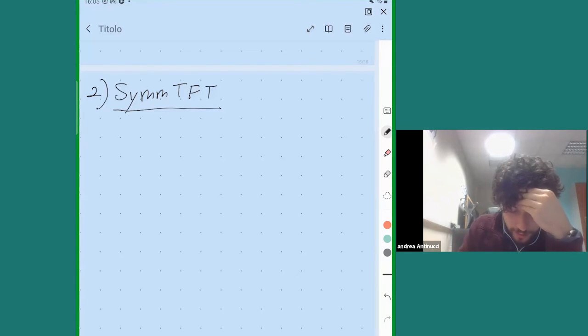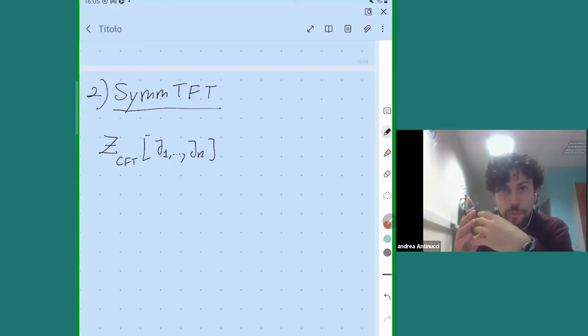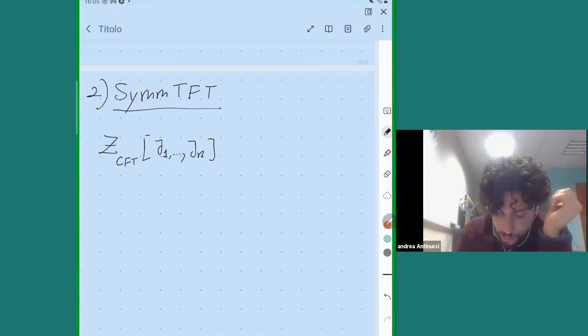You know very well that in AdS/CFT, the statement is that the partition function of a certain CFT with sources, let's say you add external sources, which are sources for operators, is computed by the partition function of gravity.